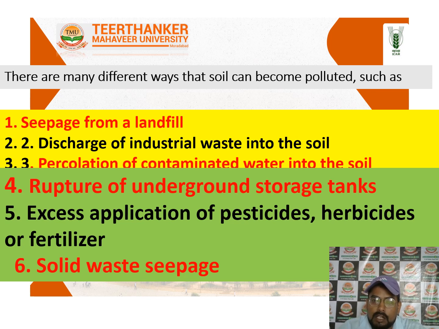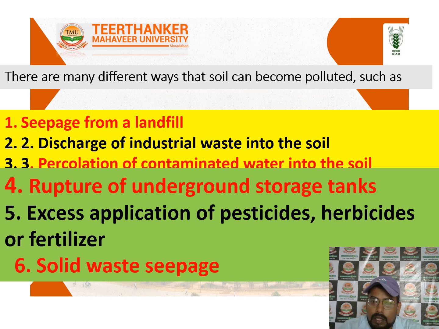There are many different ways soil becomes a source of pollutants. First, seepage from landfills, discharge of industrial waste into the soil, percolation of contaminated water into the soil, rupture of underground storage tanks releasing heavy toxic materials in the fields, and excess application of pesticide, herbicide, or fertilizer.